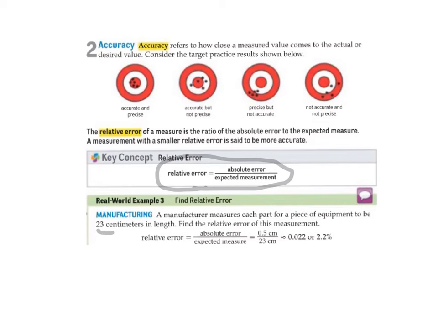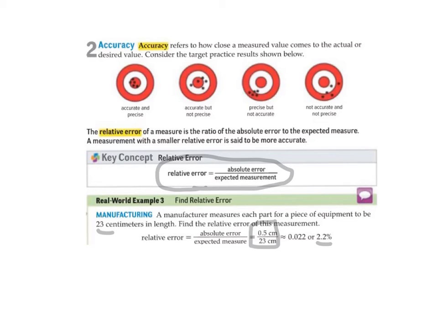It's a whole number, so your maximum and minimum, or your precision, is going to be 0.5. It's half the distance. That's why you get 0.5 over 23. Put that in your calculator and change it to a decimal, which is 0.022, multiply that by 100, so there is an error measurement of 2.2%.